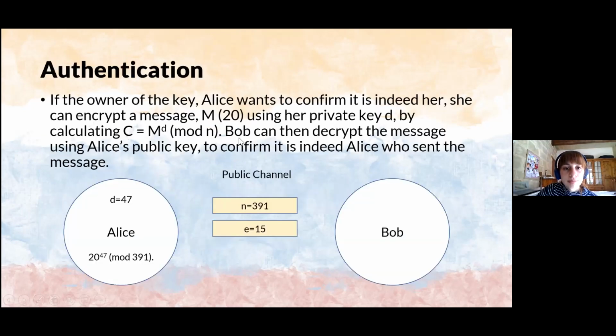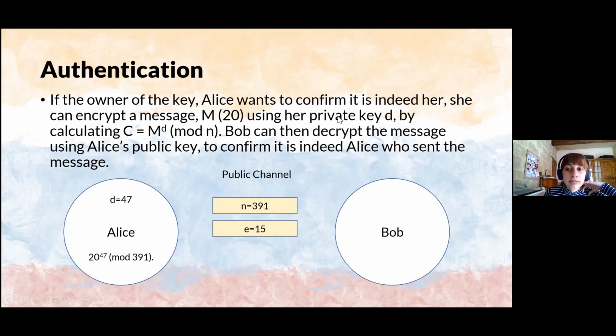So this can be used for authentication. So Alice wants to confirm that it is actually her. So she encrypts a message. She wants to send 20 using her private key D by calculating C equals M to the D mod N, right?